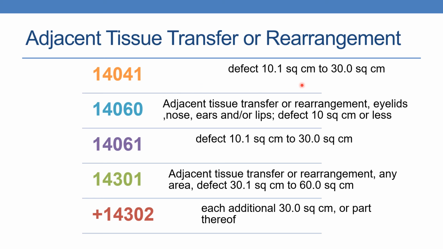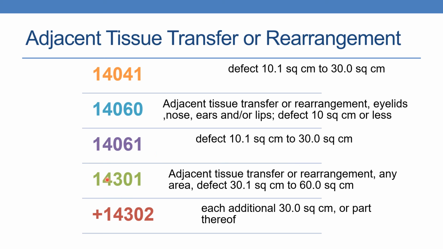The defect length is 10.1 square centimeters to 30 square centimeters. The next is 14060, adjacent tissue transfer or rearrangement of eyelids, nose, ears and or lips. Defect length is 10 square centimeters or less. The next is 14061, where the defect length is 10.1 square centimeters to 30 square centimeters.